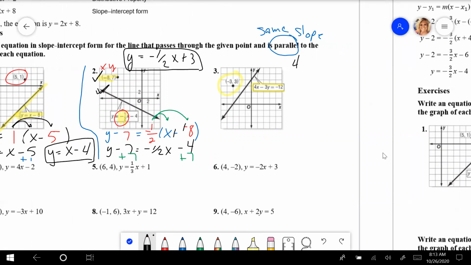So you have 4x minus 3y equals negative 12. We've got to solve for y here. We're going to subtract 4x from each side. I'm going to get negative 3y equals negative 4x minus 12. Divide by negative 3.